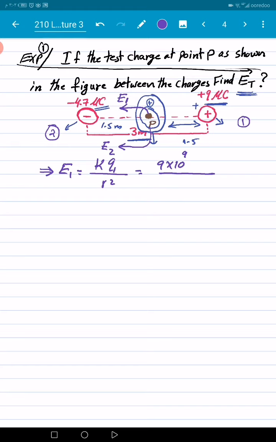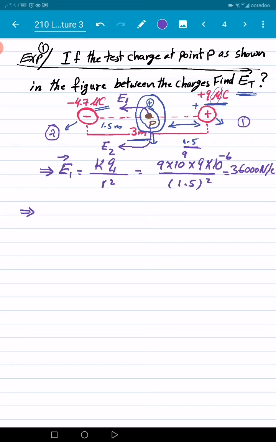Q1 is 9 microcoulomb, so I convert it to coulomb, 10 to the power minus 6, divided by the distance 1.5 squared. So for the first electric field, when you calculate, it is 36,000 Newton per coulomb.